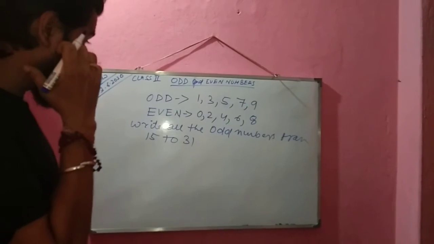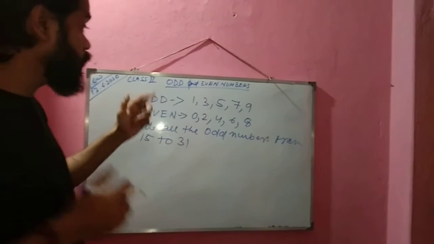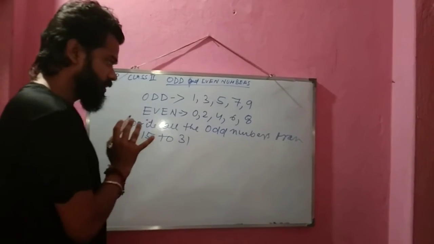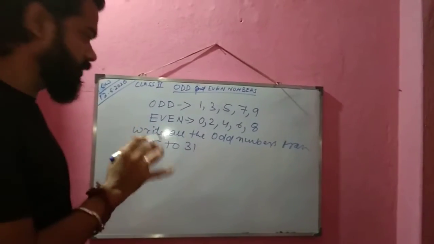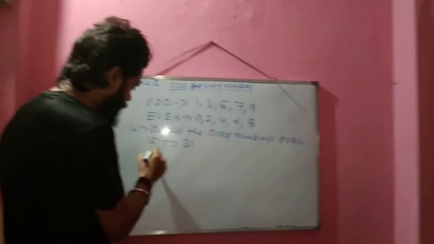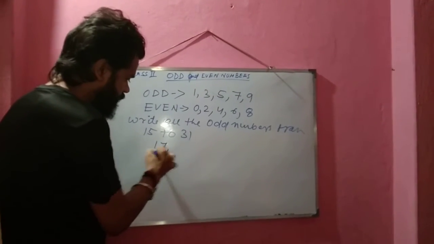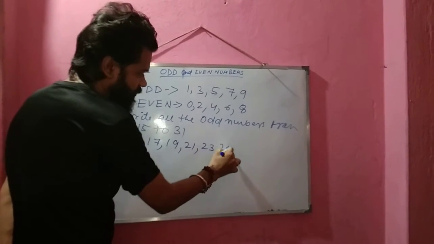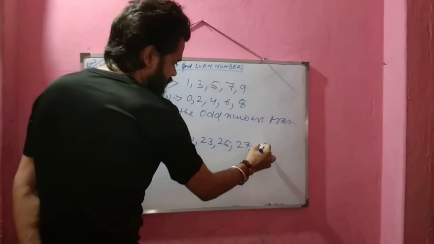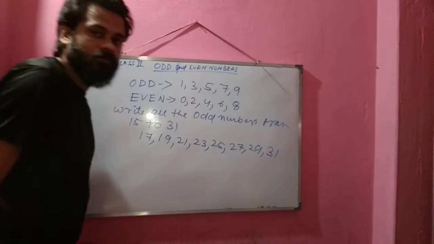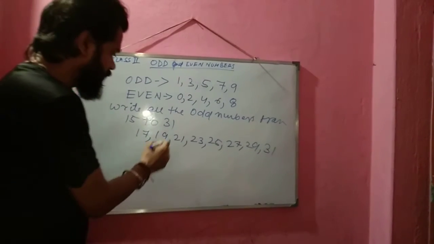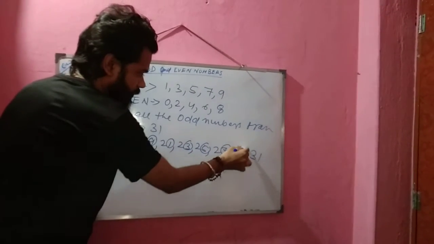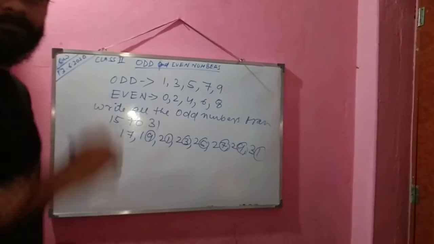You just have to check that the ones place is 1, 3, 5, 7, 9. It says start from 15 to 31. 15 is already odd. So after 15, 17, then 19, then 21, 23, 25, 27, 29 and then 31. You see everywhere in the ones place 5, 7, 9, 1, 3, 5, 7, 9 and 1 again. These are all odd numbers.